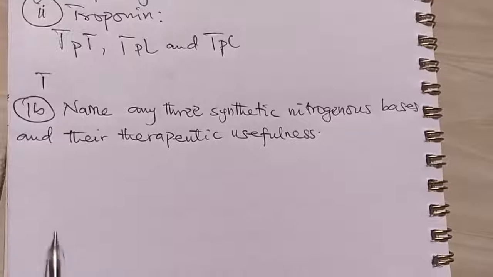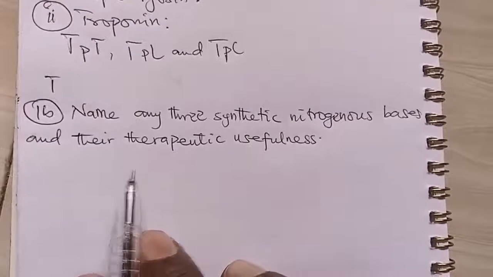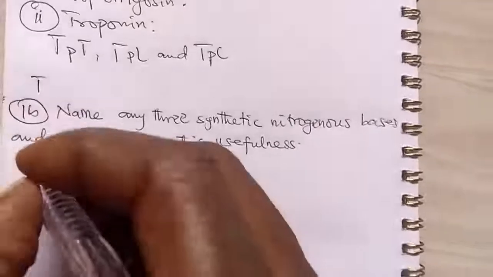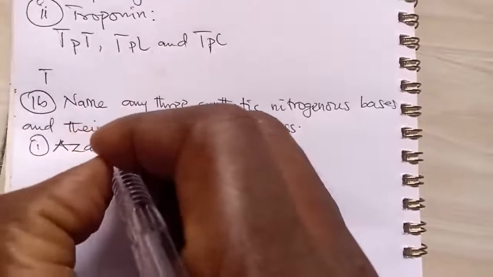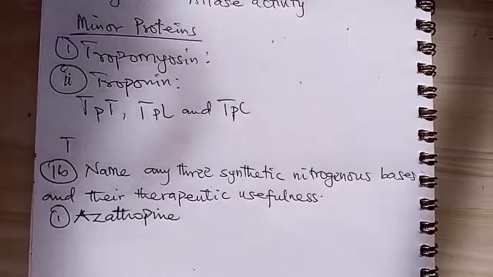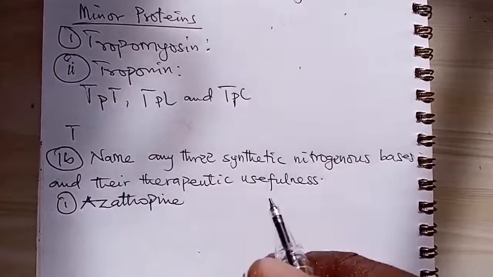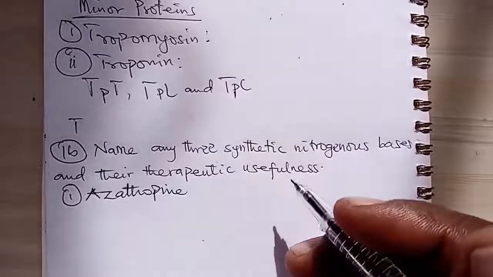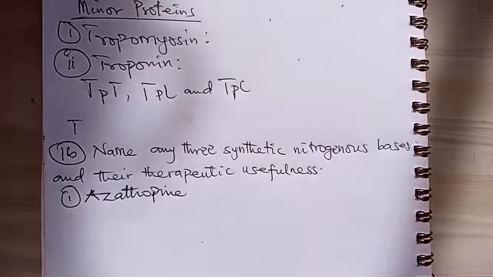The next question says, name any three synthetic nitrogenous bases and their therapeutic usefulness. The first one we'll talk about is azathioprine. This azathioprine is useful in organ transplantation as a suppressor of events involved in immunologic rejection of tissues or organs.